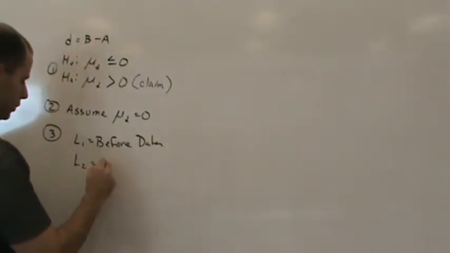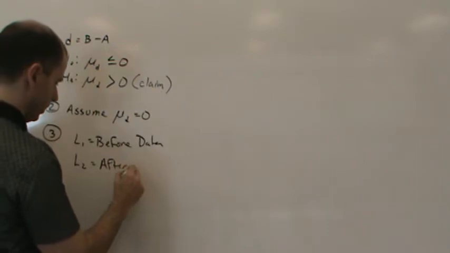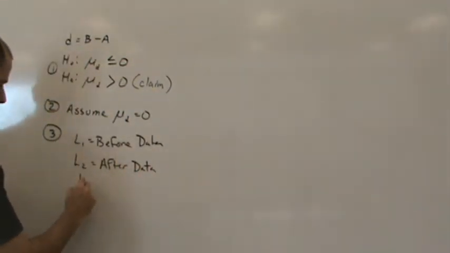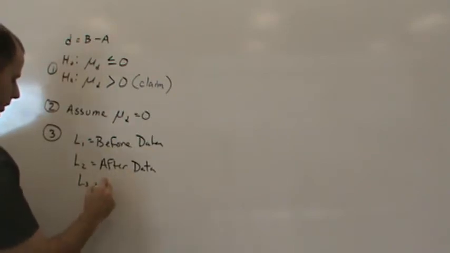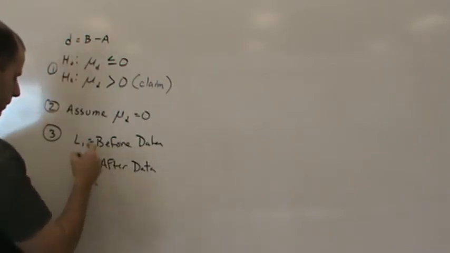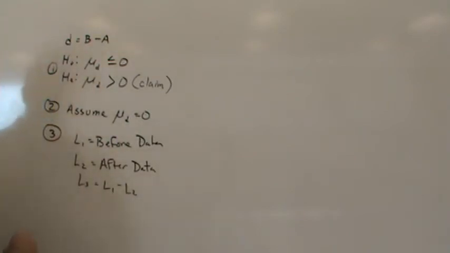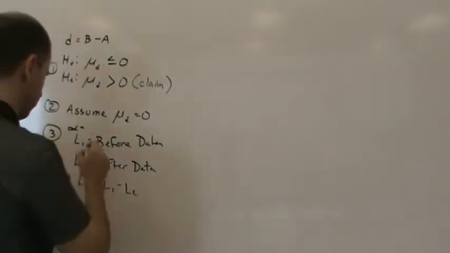L2 equals my after data. And L3 is going to be equal to what? My L1 minus L2. And of course, my alpha level for this test is 5%, so it's 0.05.